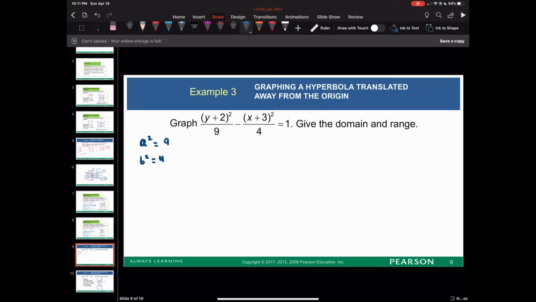Now, we got c is equal to the square root of 4 plus 9. So c is just equal to the square root of 13. Because it's a² plus b², right? All right.